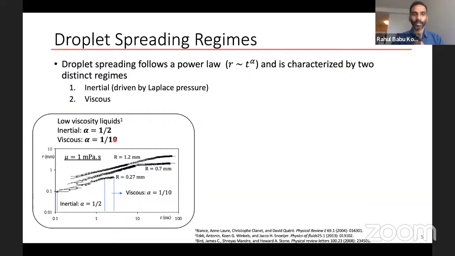And this 1/10 is Tanner's law. And these results are from the very well-known experiments from David Quéré's group, where they first made the connection that a droplet spreading on a solid surface is very analogous to the coalescence of two identical droplets.